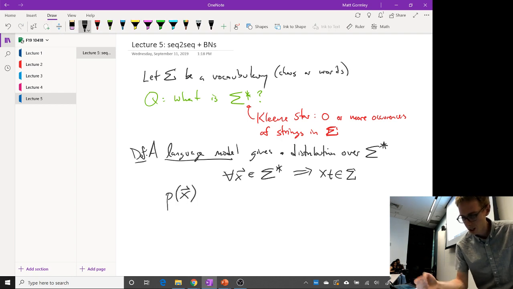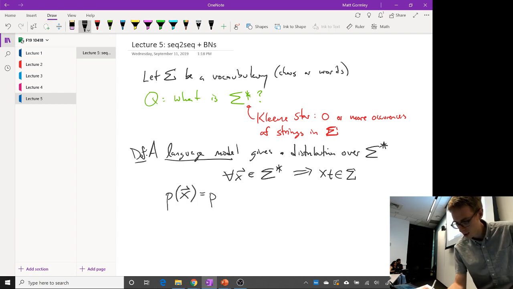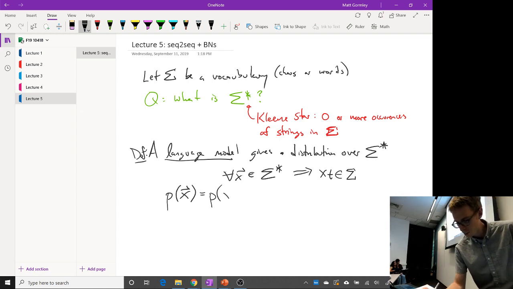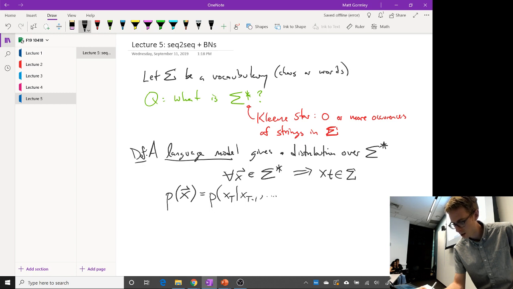And if we wanted to, we could actually decompose this using the chain rule. And we could write, if the length of this vector is capital T, then this is going to be the product P of x_T given x_{T-1} all the way down to x_1 times the probability of x_{T-1} given x_{T-2} all the way down to x_1.